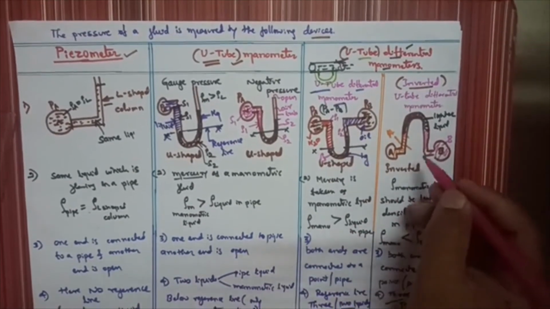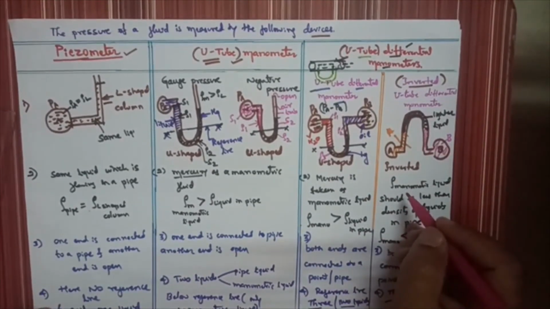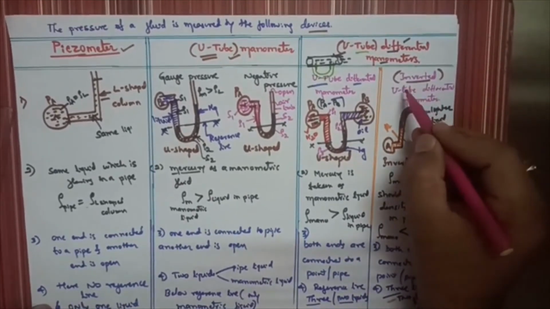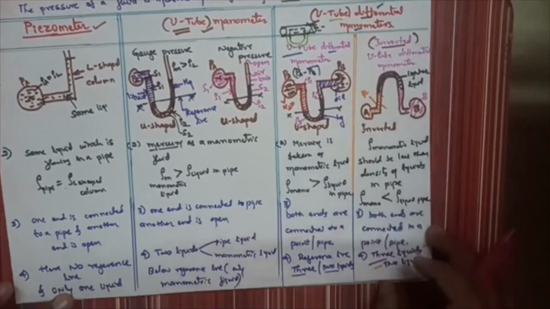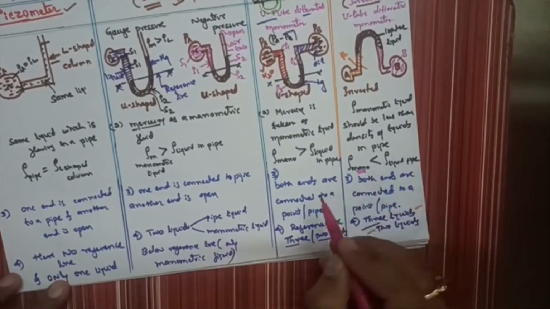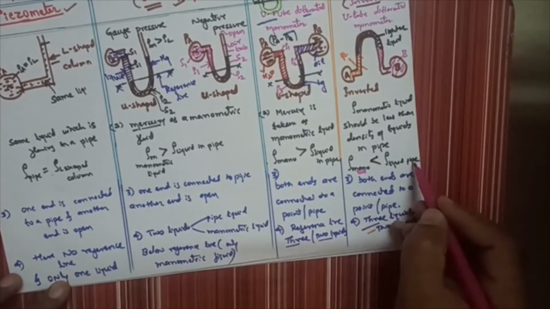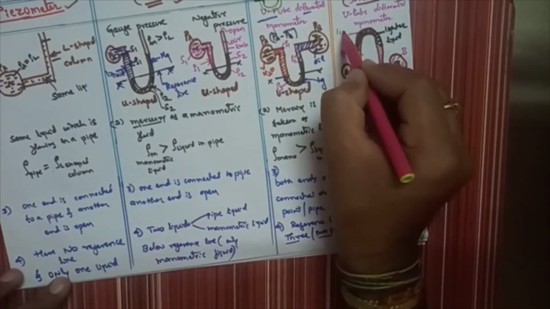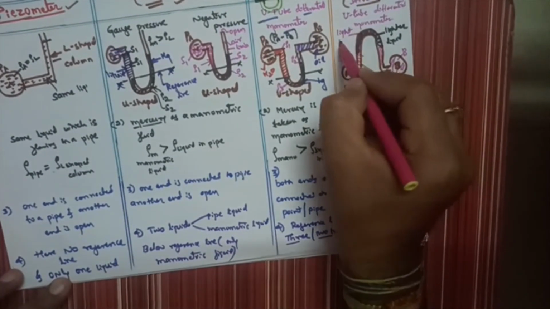And similarly in the inverted U-tube differential manometer. But remember, my dear students, in the inverted U-tube differential manometer, the density of the manometric fluid should be less than the density of the liquid in the pipe. This is a light liquid. Once again, it is a lighter liquid.